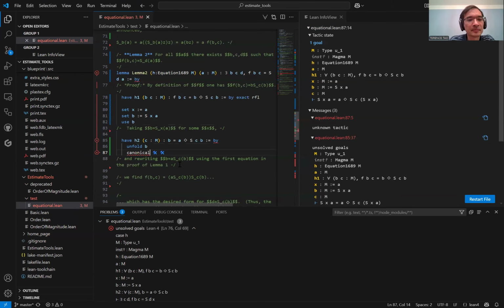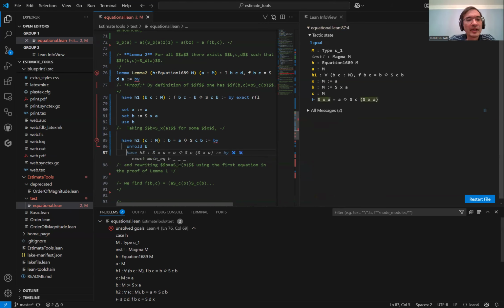All right, so why is B equals A times SCB? That looks a bit like, but that's got an F in it.